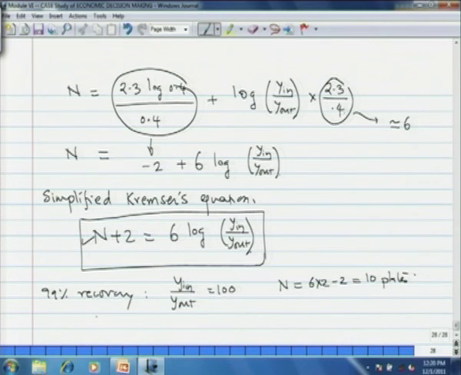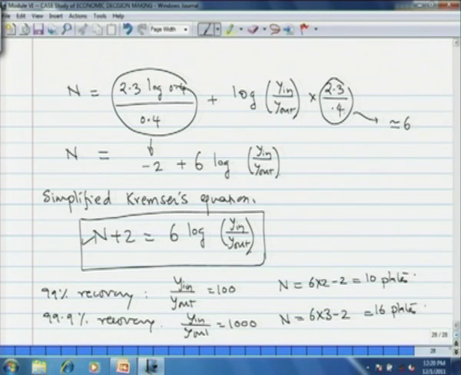For 99.9% recovery, y in by y out will be equal to 1000. So, n will be equal to 6 into 3 minus 2, that is 16 trays or 16 plates.